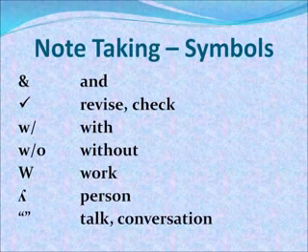So it's important to choose, like I said before, our own little set of symbols. For example, the lambda, we chose it here as a person, and the quotation marks as conversations or the verb talk.